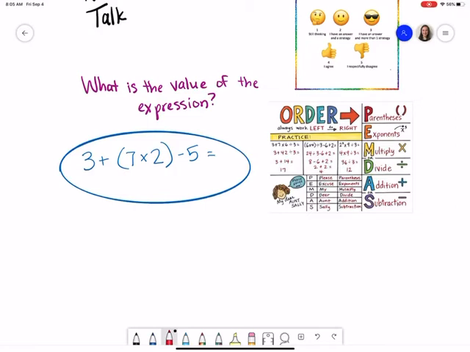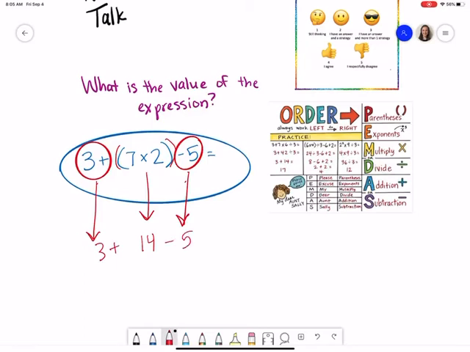I see that I have parentheses right here. So I am going to start with this. So 7 times 2, I know is 14. Okay, and I'm going to bring down both of these because that's what we have left. We have 3 plus and minus 5.